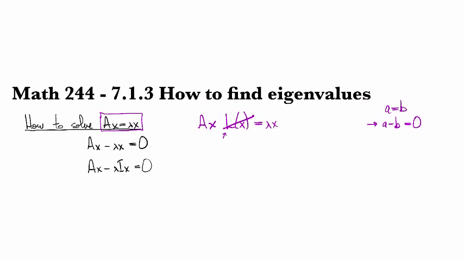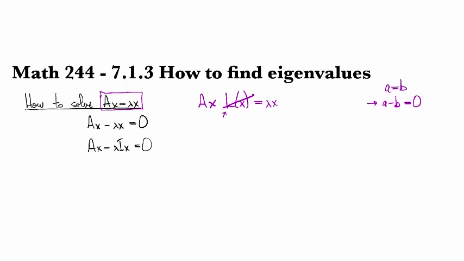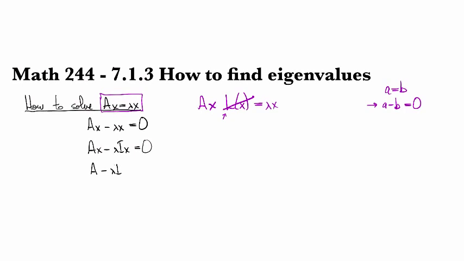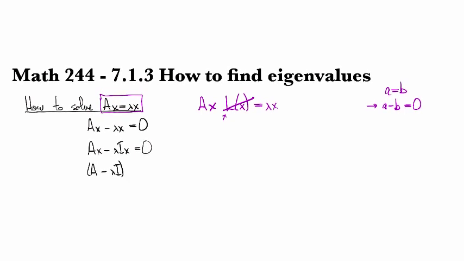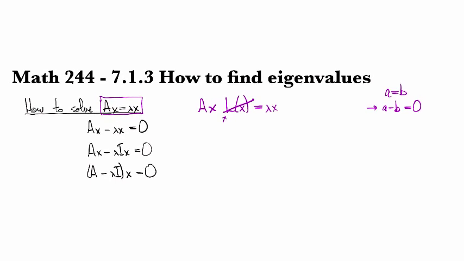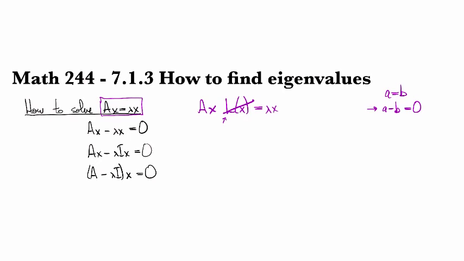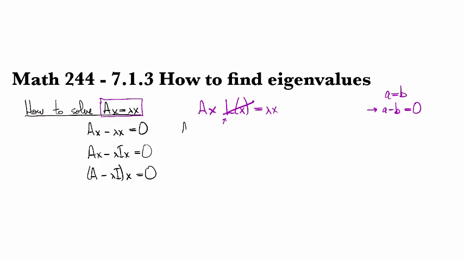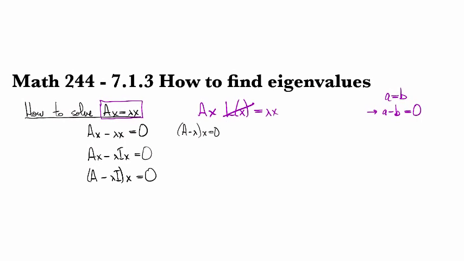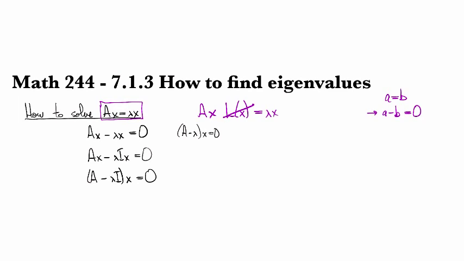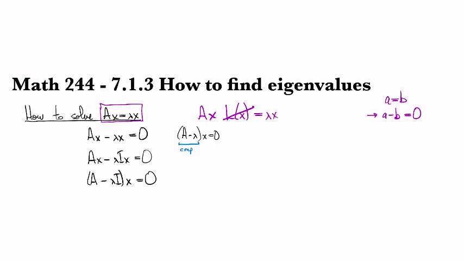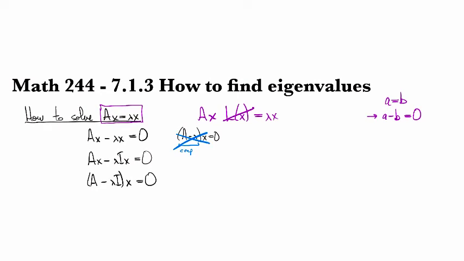It makes it possible to factor out the x. At a prior step, that would not be possible, because I can't just write a minus lambda times x equals 0, because I'm talking about a matrix minus a number, so that's garbage.